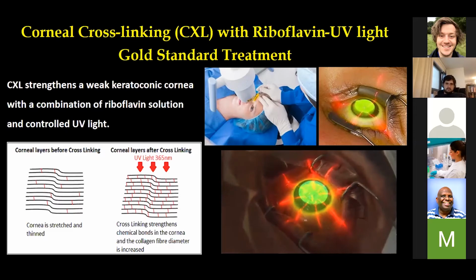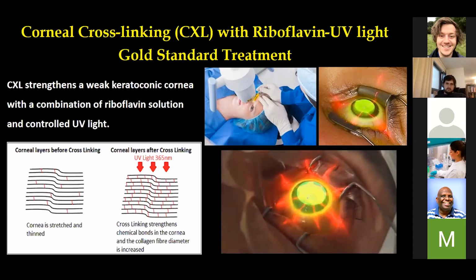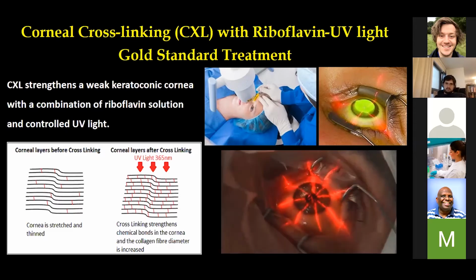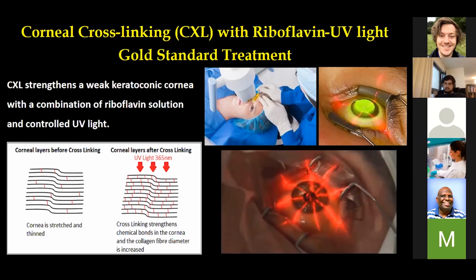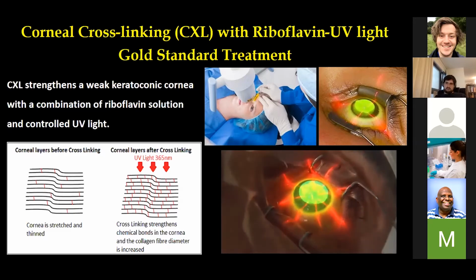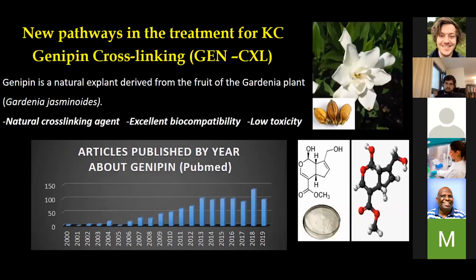Of course, scientists around the world have been trying to modify and adjust this procedure in order to make it accessible for patients with very advanced cases. One of the research focuses is to use alternative cross-linking agents that ideally avoid the use of UV radiation.